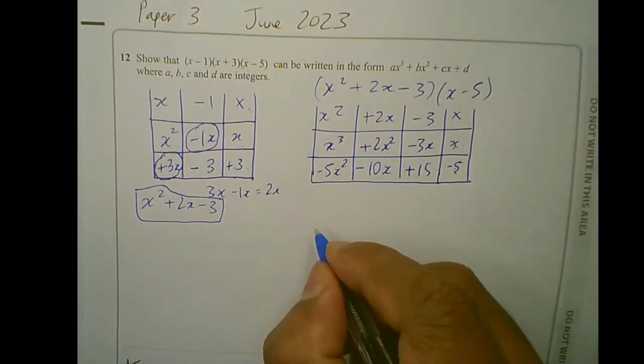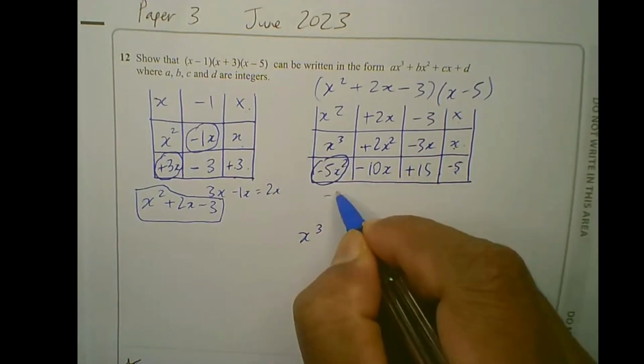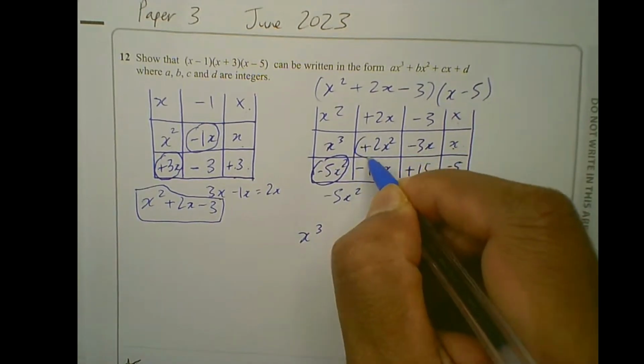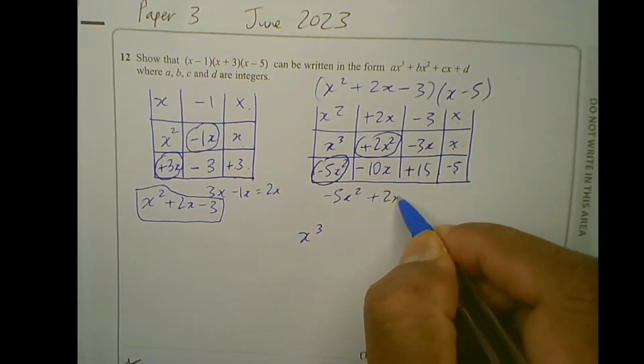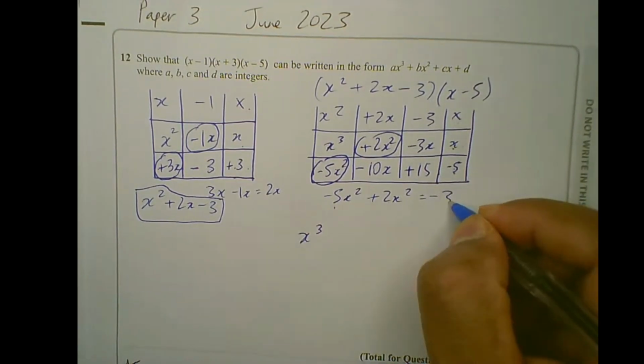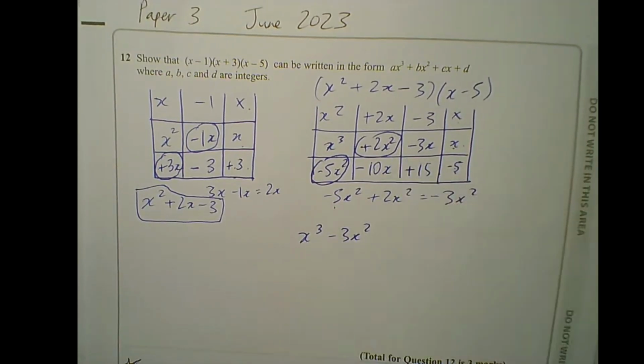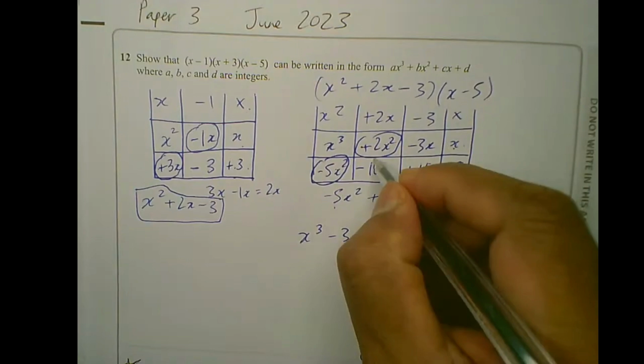Now I simplify. I've got x cubed. I've got minus 5x squared plus 2x squared. That gives me minus 5 plus 2 is minus 3x squared. Then I've got here the next one. I'll use a different color.